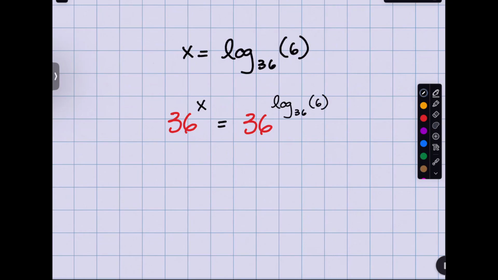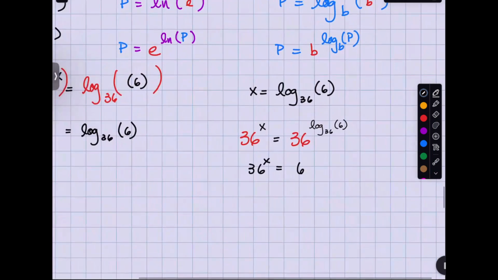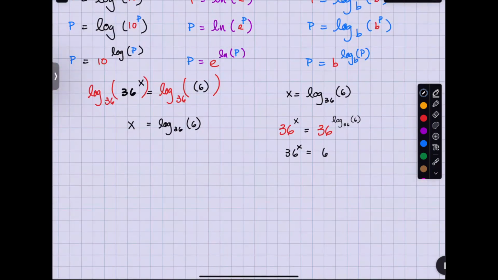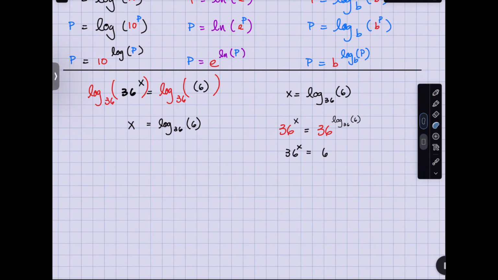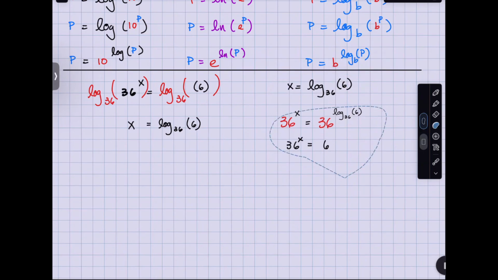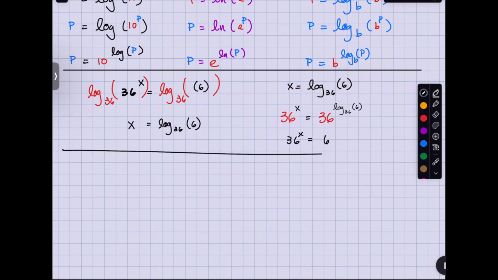What's left on the right side? Voila. So again, I can use the properties that we just used to go from log form to exponent form and exponent form to log form. Are we okay there? Questions there? We're good?